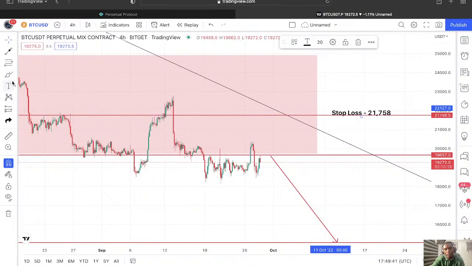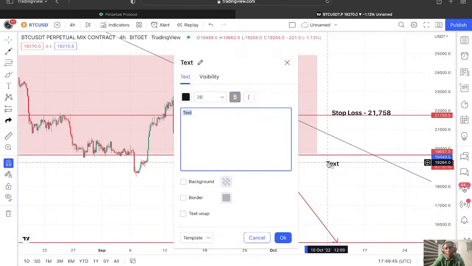Then take profit. Take profit would be at 15K.